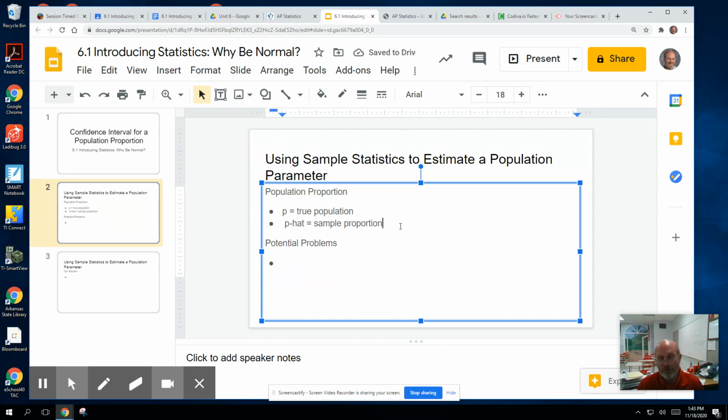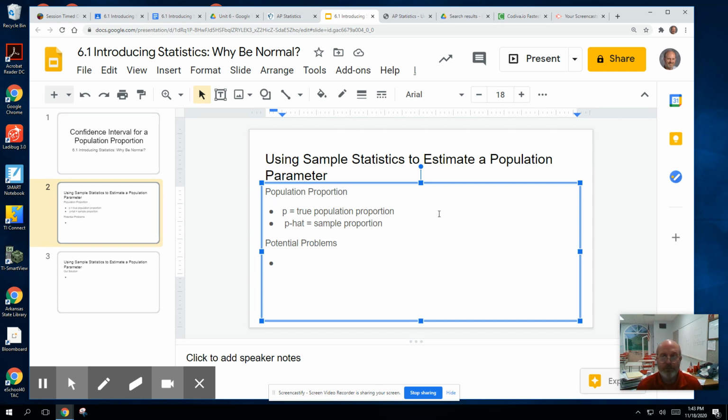When we're doing a confidence interval for a population proportion, we're going to let p represent the true population proportion, and p hat represent the sample proportion. Now, the problem is that p hat might not be equal to the true population proportion.